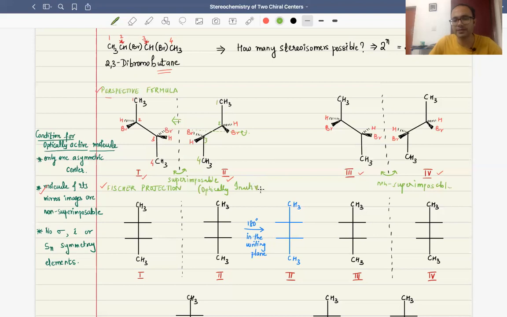Sorry, because of the slowness of the net, sometimes there is a lag in the writing. So, optically inactive. However, this is non-superimposable.